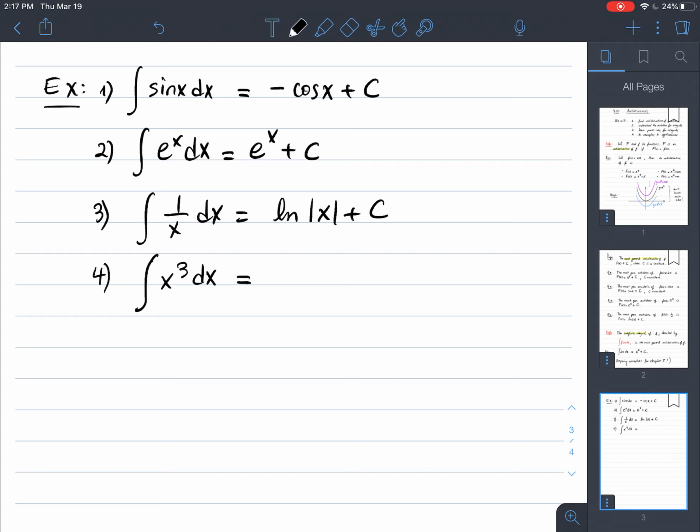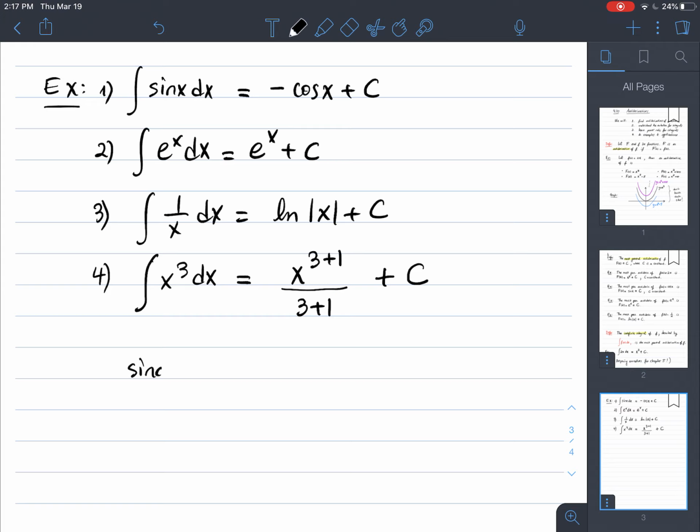So you have to increase the exponent by 1, but you also have to divide by that number, because when you find the derivative, this exponent will come in front here, so it has to simplify with this denominator here, plus c.